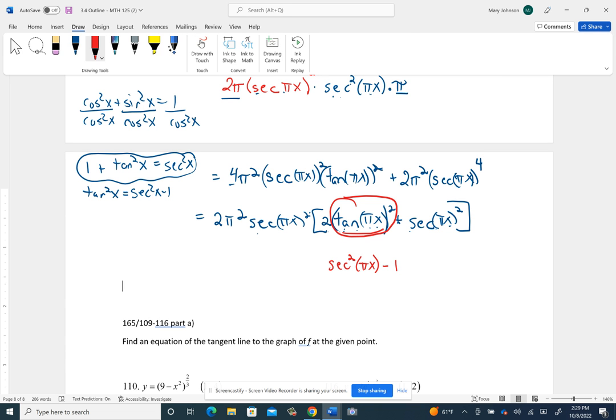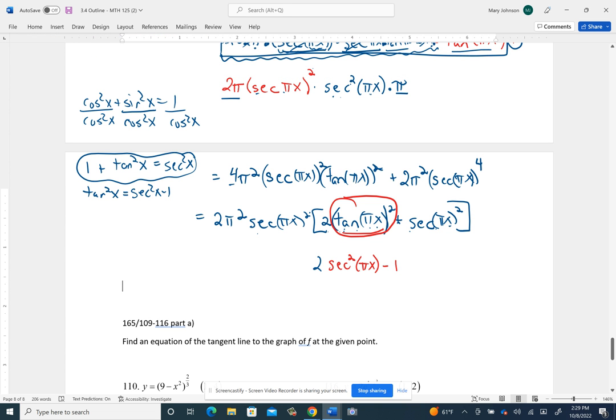Okay, so you'll still have 2 times that plus the secant pi x here being squared, and this still in front. And that's now correct.